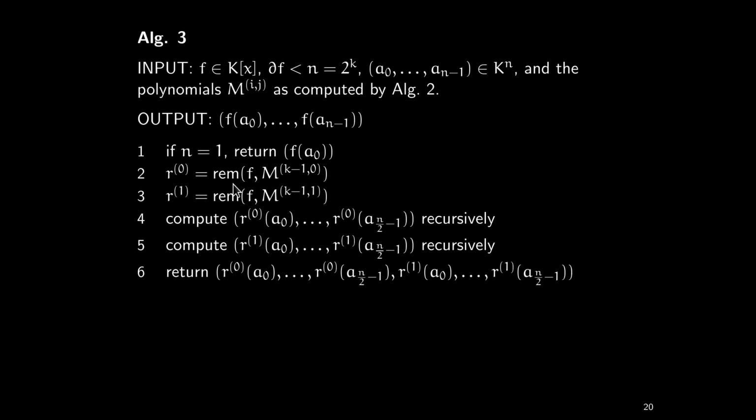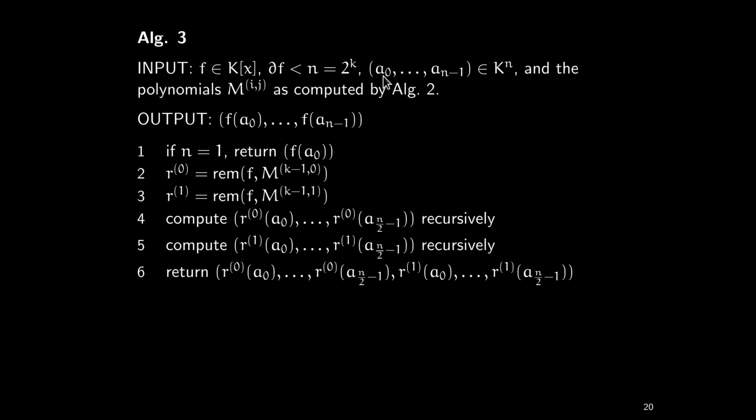So the two remainders, this is a division of this polynomial of degree n by a polynomial of degree n half. Because here the product of these two M's is a polynomial of degree n.